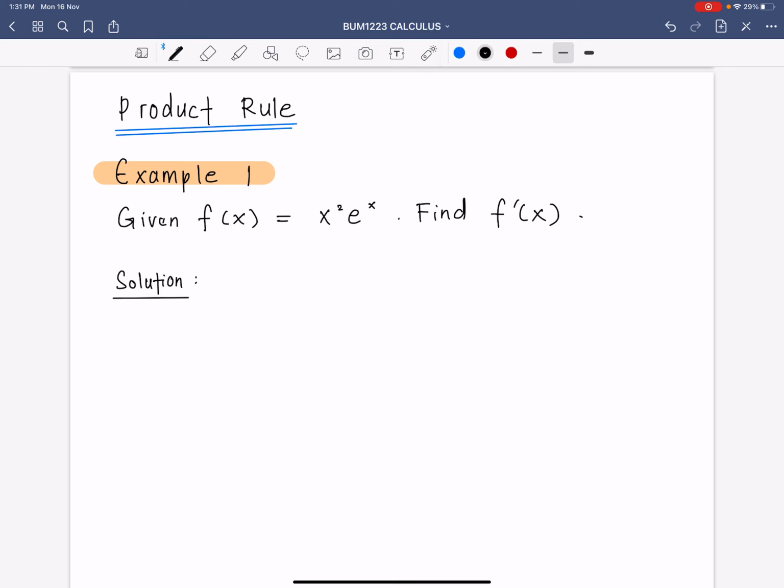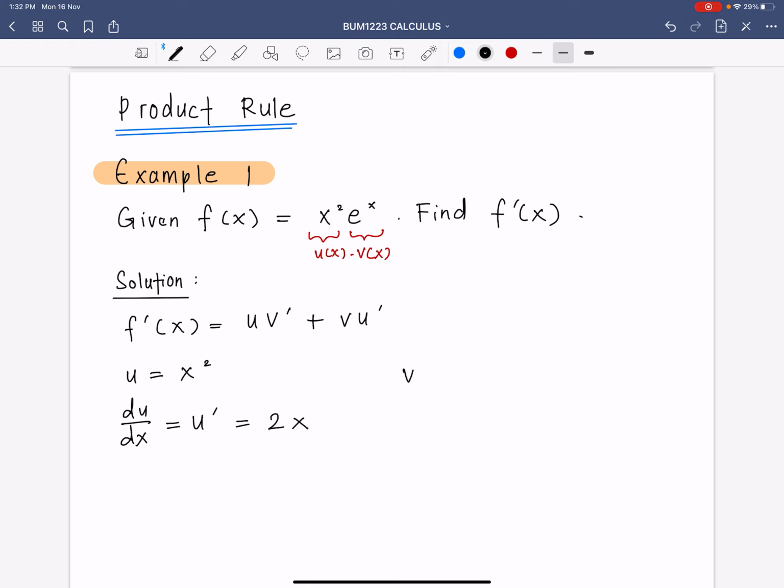If you see here, the function f(x) is in the form of u(x) multiplied with v(x). Therefore, we can use the product rule to find f'(x), where f'(x) equals uv' plus vu', where our u in this case is x squared, thus du/dx or u' equals 2x.